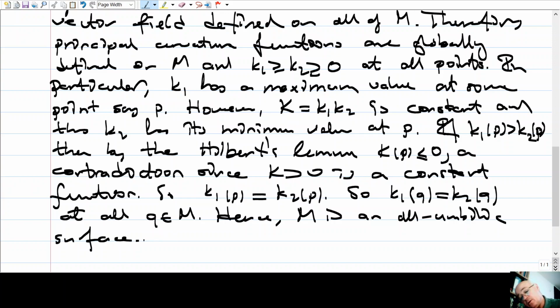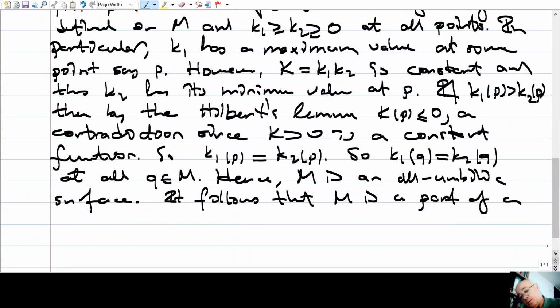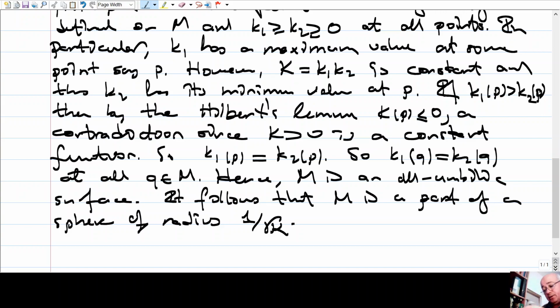Hence, it follows that M is a part of a sphere of radius 1 over the square root of the Gaussian curvature.